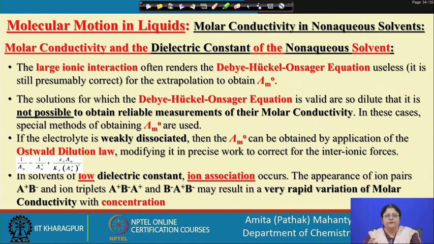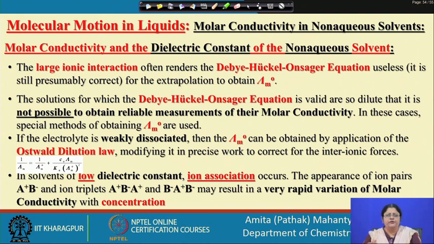So, using the Oswald dilution law, we can find this out when the solvent medium is not aqueous. You do not need to think about what the solvent should be. Just remember, any solvent we are talking about is going to have a dielectric constant lower than water. If the dielectric constant is lower, the ion-ion interactions are much stronger, and then the Debye-Falkenhagen equation fails. Salts which are supposed to behave like strong electrolytes may not be completely dissociated in the non-aqueous medium.